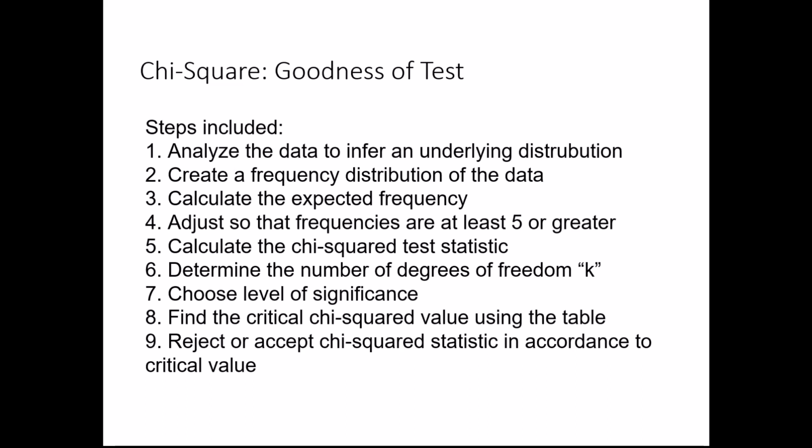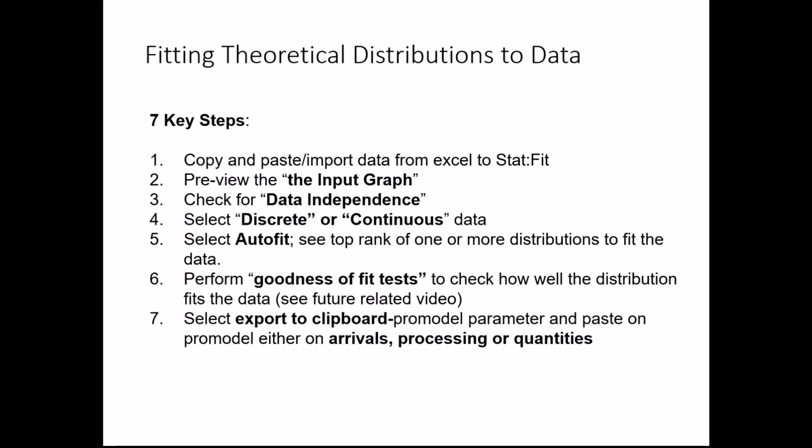But again, I'm not going to expand on this, this is just for you to follow in case you're curious on how to conduct your goodness of fit test. What I'm going to emphasize more are the 7 key steps for fitting theoretical distributions to data. And this is what I want to emphasize more. So what are the key steps? Now that I have my data, what am I going to do? Well, you're going to follow these 7 key steps. The first one is to copy and paste or import data from Excel.